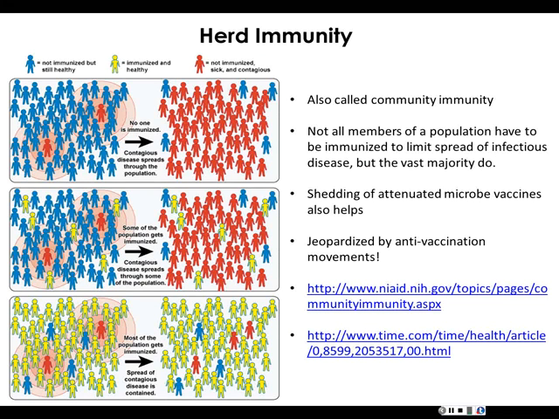Okay, herd immunity. We'll pick up here. This is a really important topic, so I want to spend a little bit more time on that on Thursday. And I'm going to post Chapter 14 info, and I'll post that either today or tomorrow. That involves immune disorders, and so we will not be able to cover the whole chapter, so I'm going to pick and choose some things that we'll talk about on Thursday, and that will finish out the immune system.